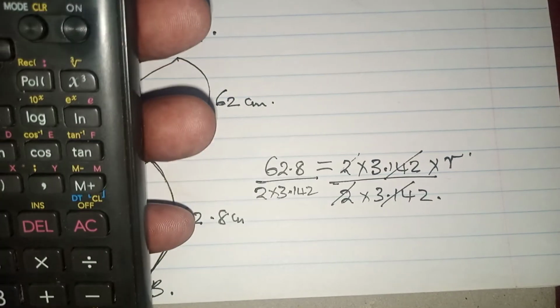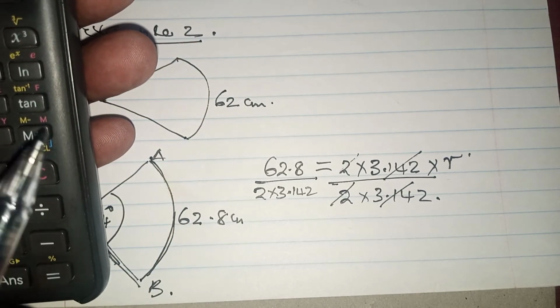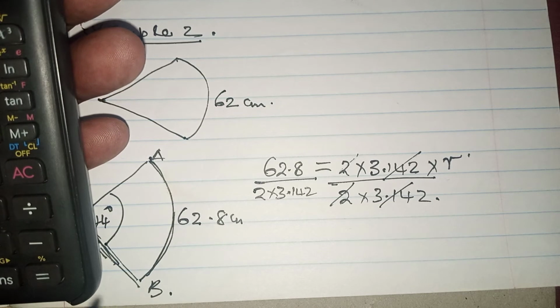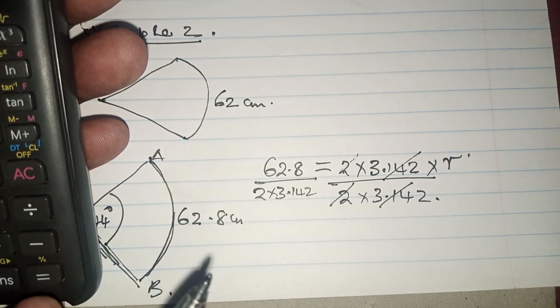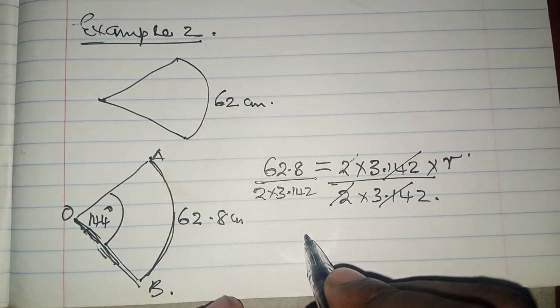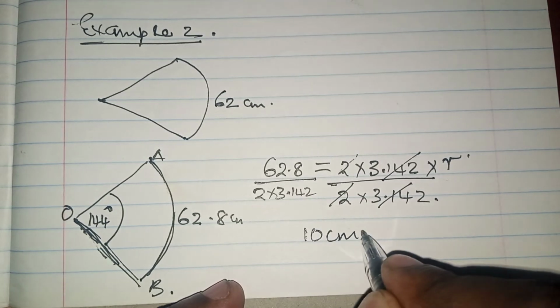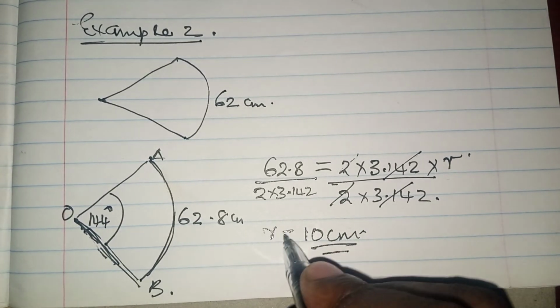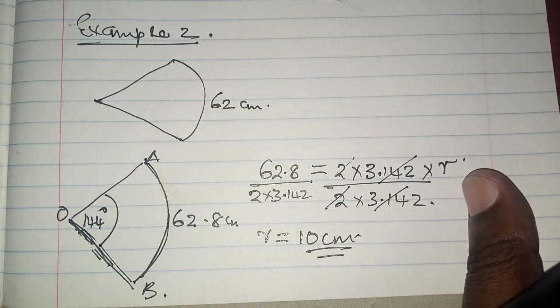What is it? You get 9.99. The answer is 9.99, which is basically 10 centimeters. So the radius in this case is simply 10 centimeters.